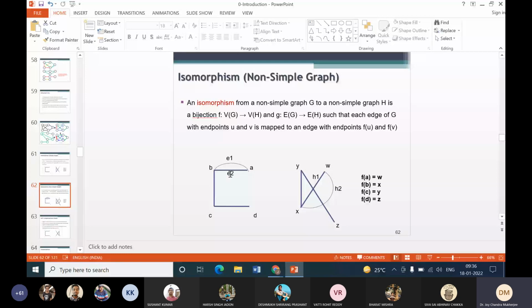So that bijection also needs to be mentioned. So along with this we have to mention that f of E1 equals H1 and f of E2 equals H2.